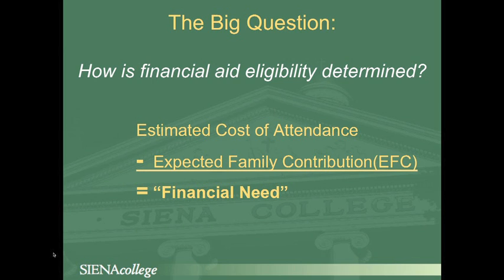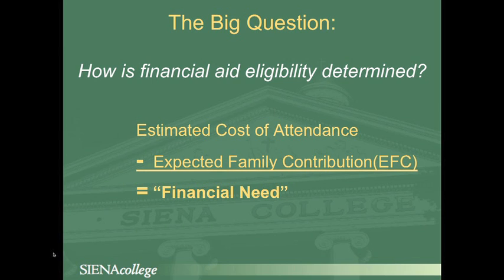If the estimated cost of attendance at School B was $20,000 and your expected family contribution, or EFC, from your FAFSA is $10,000, your financial need at School B would be $10,000. This helps show how financial need can be different from one school to another, and this can impact the amount of financial aid that you receive from one school to another.